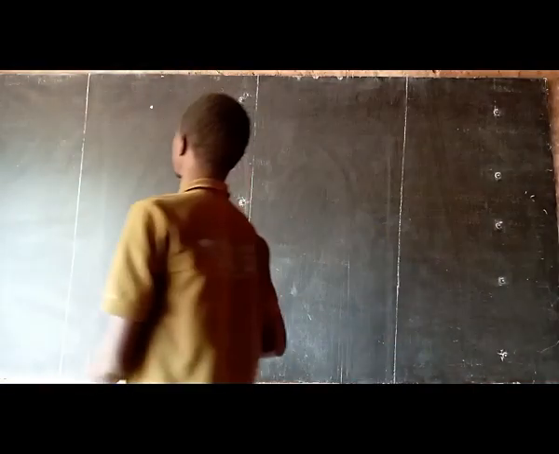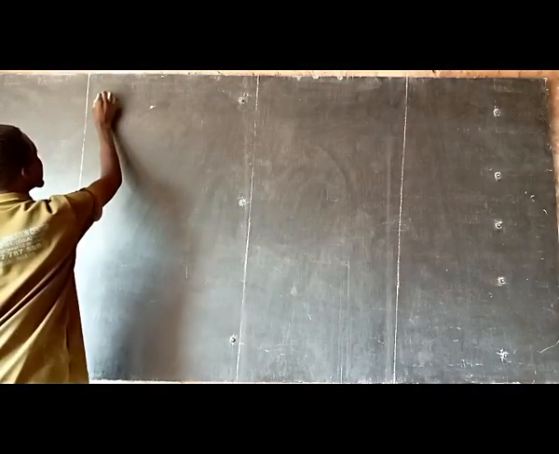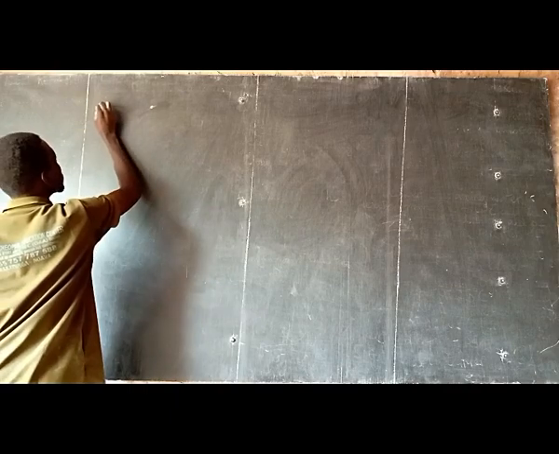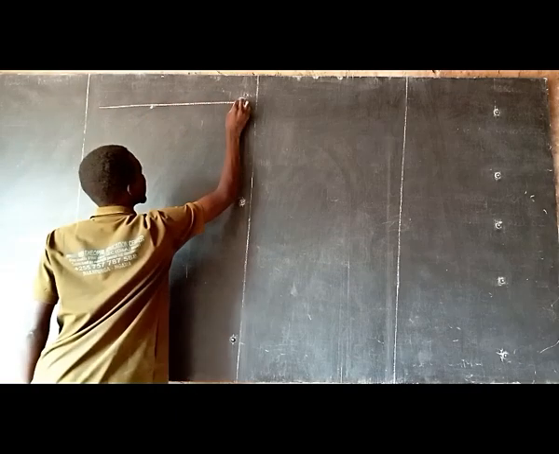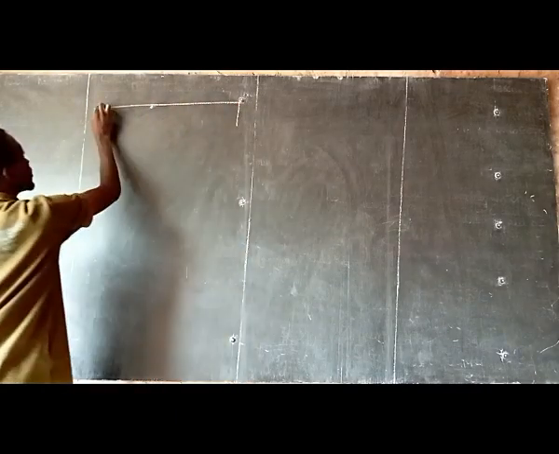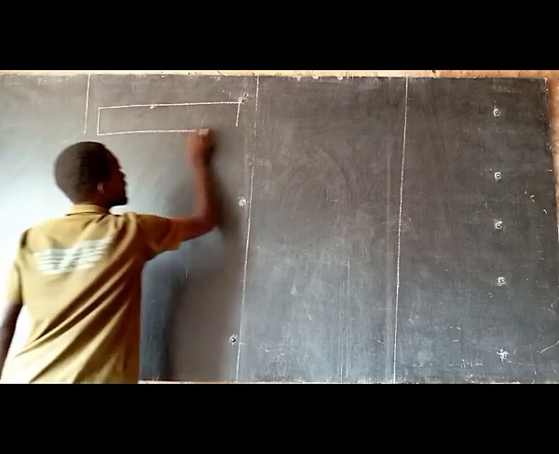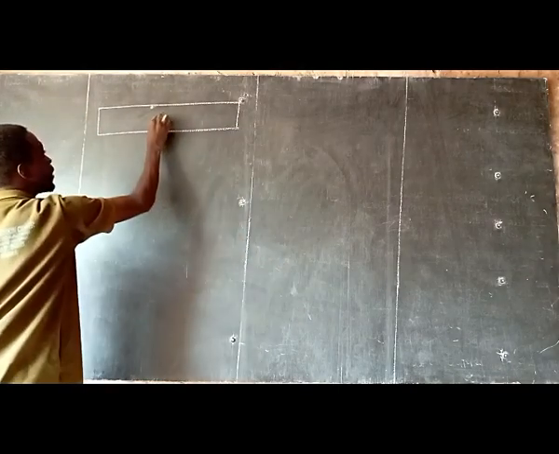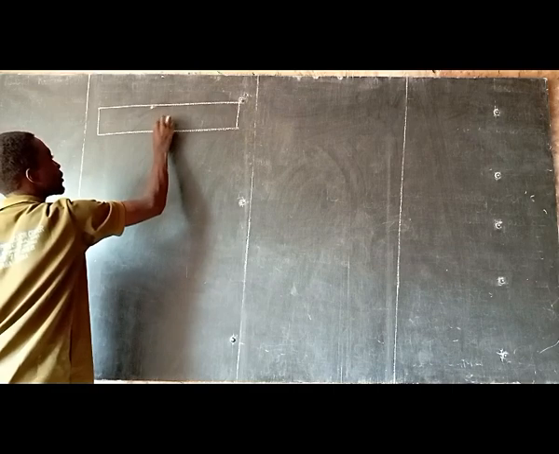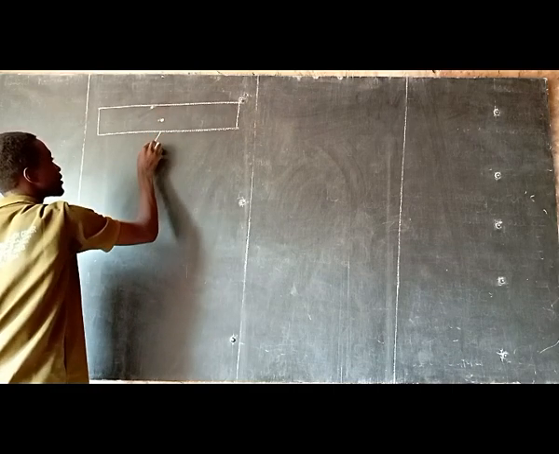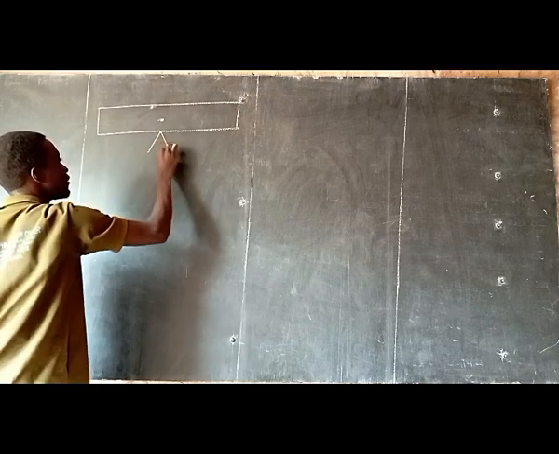Now let us see what I was talking about. Just take your ruler like this one. This is our ruler. Now this is the balancing point for it when it is in equilibrium. This is a pivot.